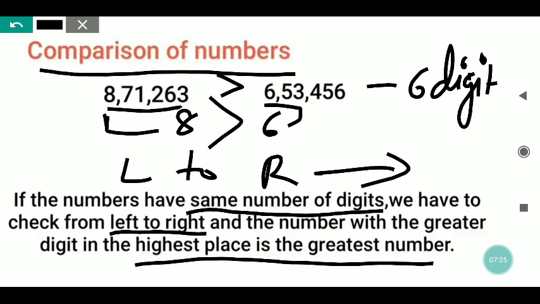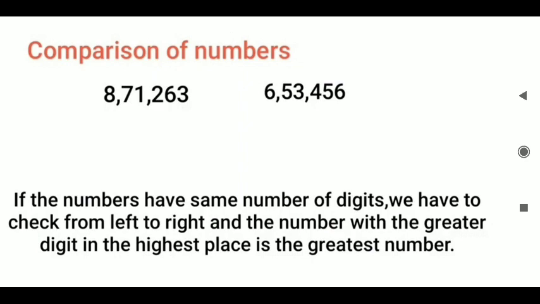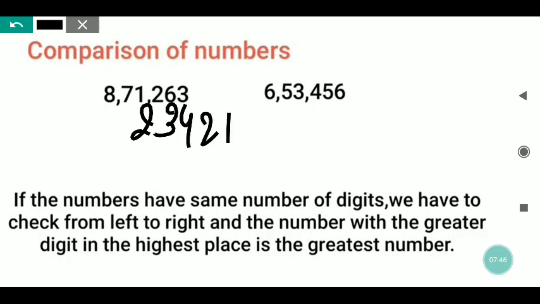It means sometimes it is not like that every time we are going to get the greater number at the first place only. Some of the time it happens, my dear, that we get it at the third place or fourth place. So don't stop comparing. I mean to say that if 2, 3, 4, 2, 1 is there, a 5-digit number, and 2, 3, 4, 3, 1 is there, first we compare from the left side, it is 2 on both sides.